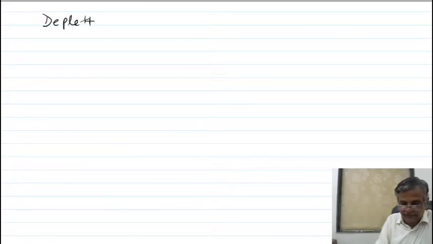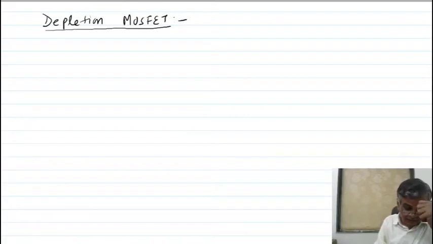Depletion type MOSFET. See, this is the basic figure of the depletion type MOSFET.